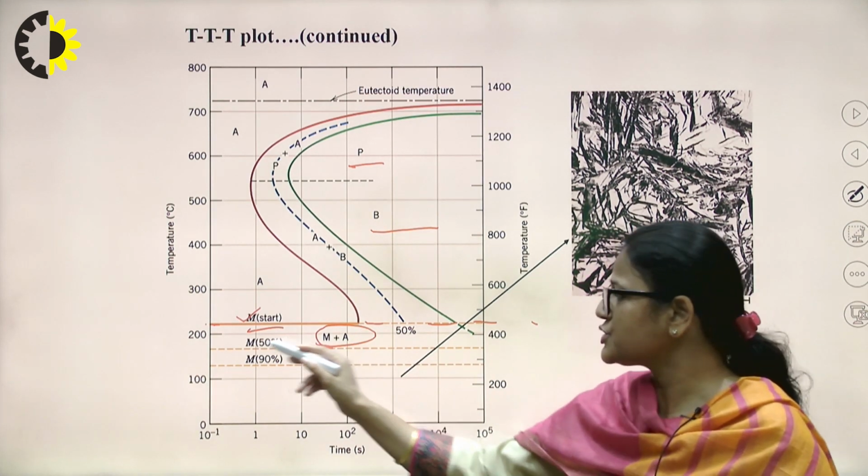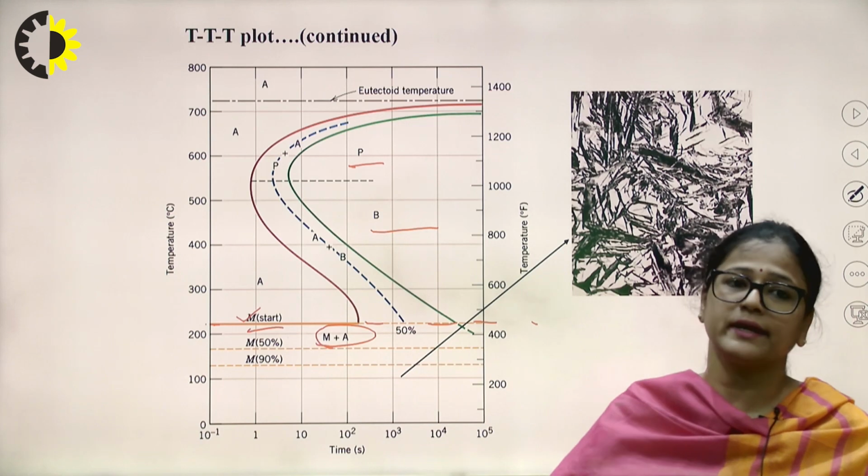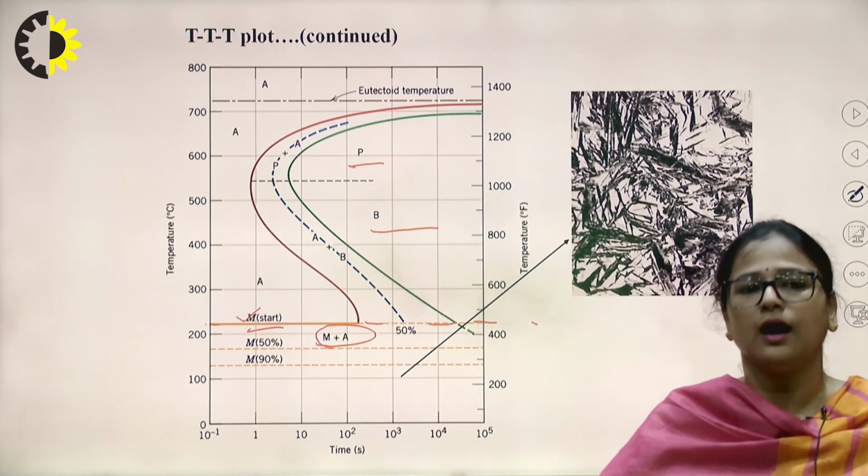So the linear nature of this line shows this is a temperature independent transformation from austenite to martensite, which is called the athermal transformation.